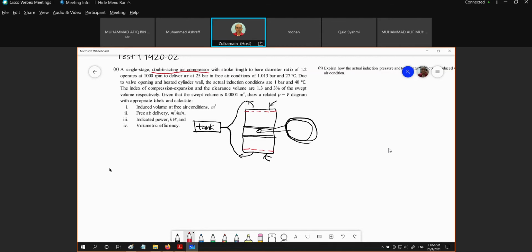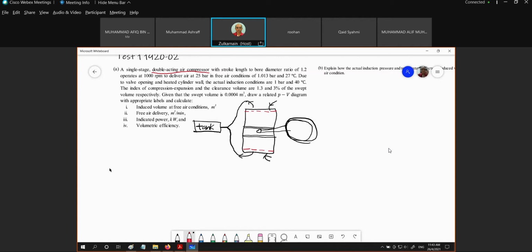But what is being stated right here, the approach that we are going to use, is we are going to analyze for only one side. As for the double acting, it will only affect our IP.